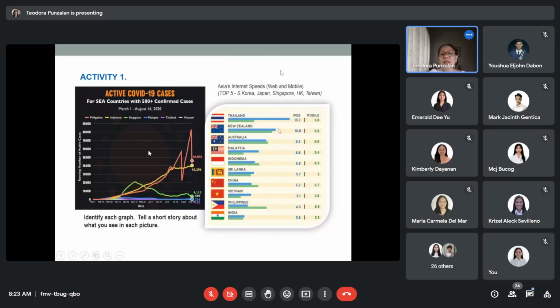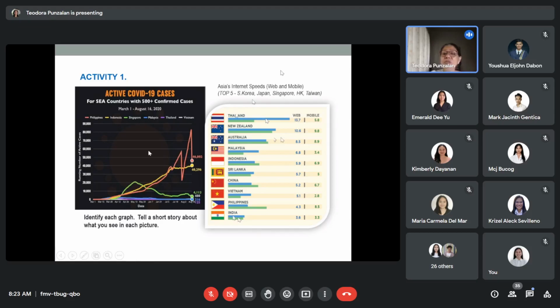Okay? Now, let's go to the right side picture. We have here Asia's internet speeds. However, the internet speeds of the top five countries are no longer shown or contained here. Instead, we have from Thailand onward.